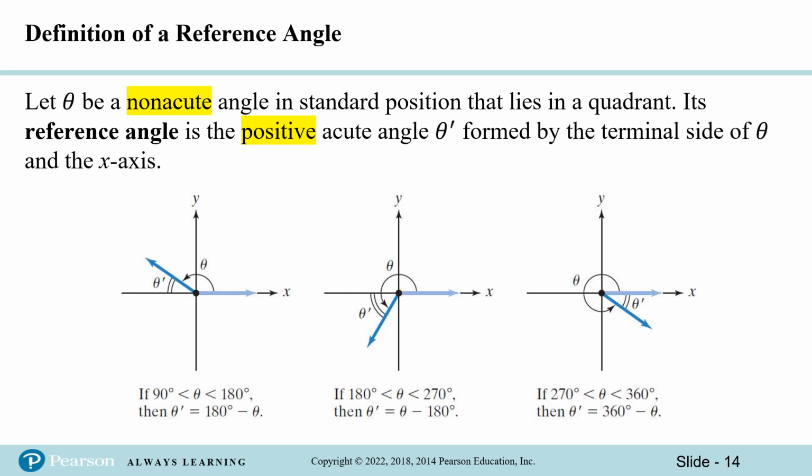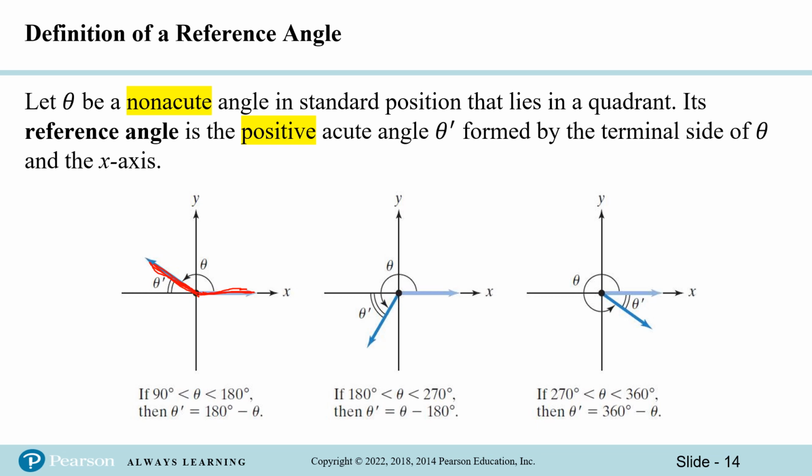Let's talk about a reference angle. Remember how I said you always go towards the x-axis? You just always go towards the x-axis. So let's suppose you have an angle like this, right? So it's an obtuse angle, right?